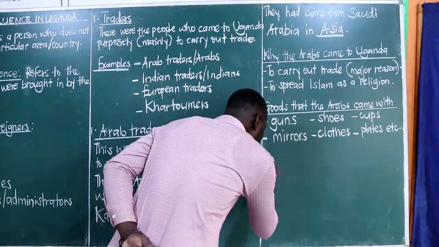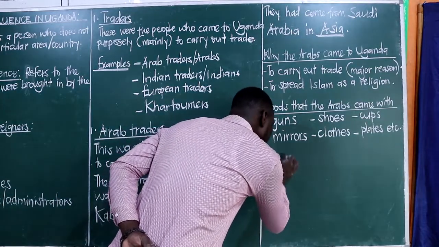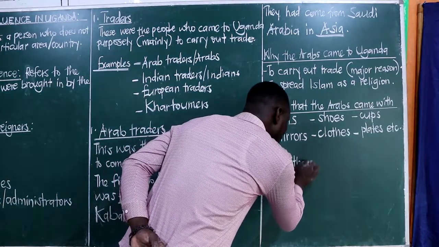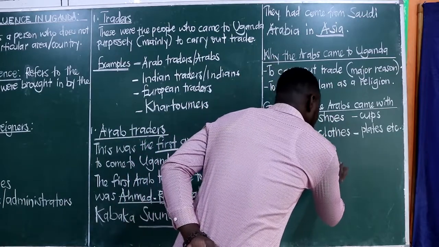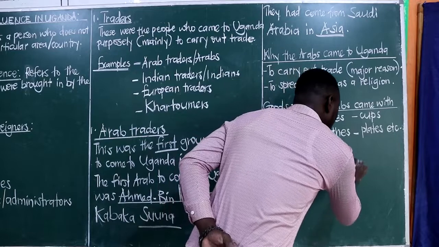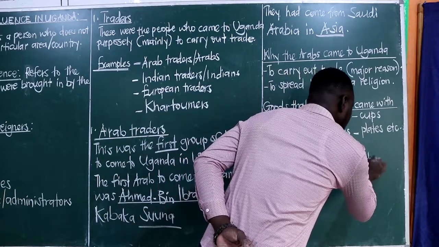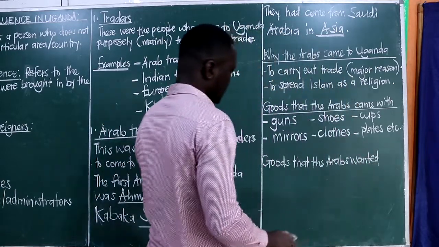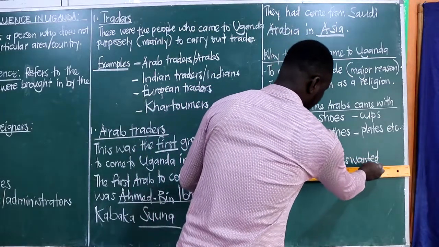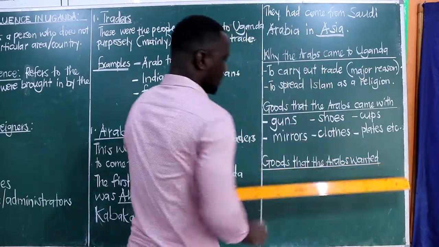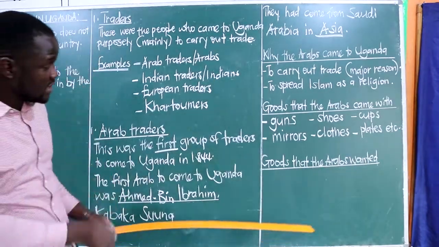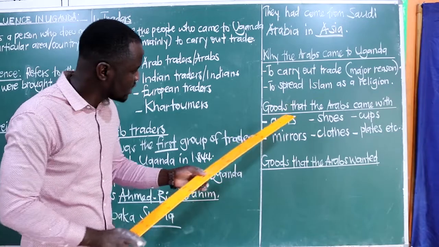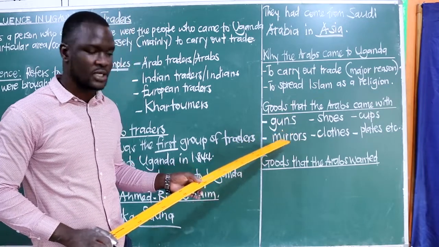Therefore, we also need to note that there were goods that the Arabs wanted from Uganda. I believe you are following this lesson, because tomorrow you are going to be asked to state or to list the goods that the Arabs brought.